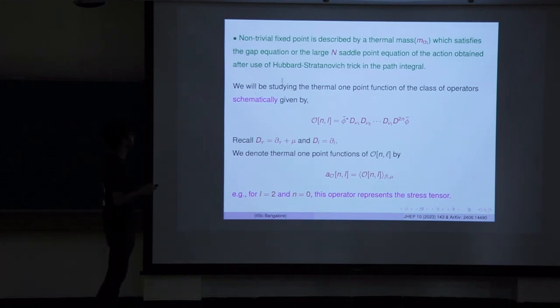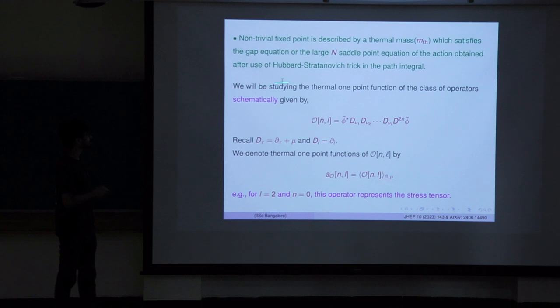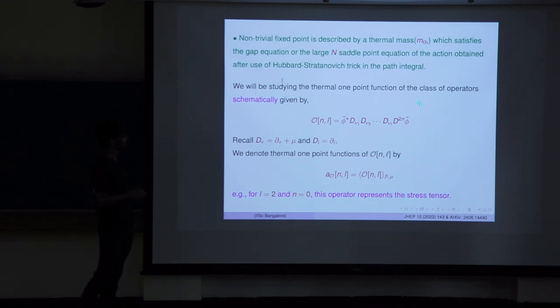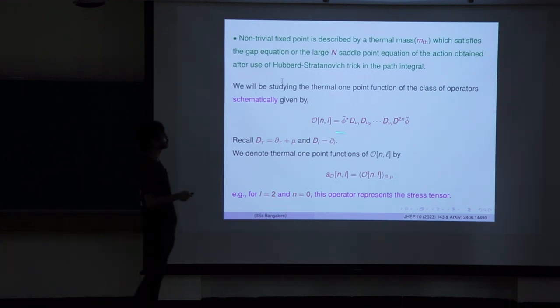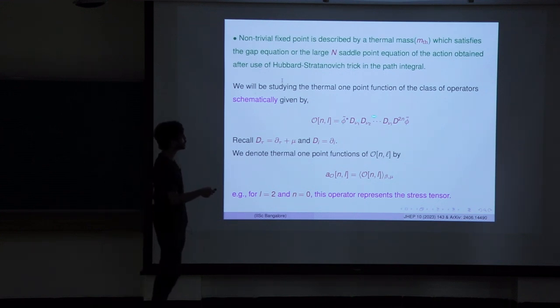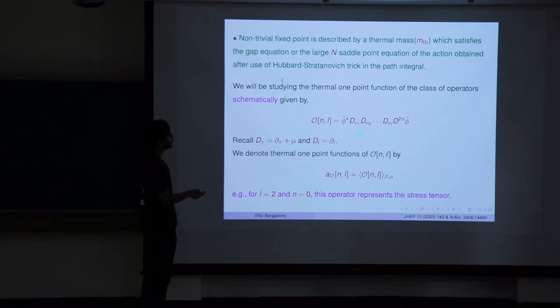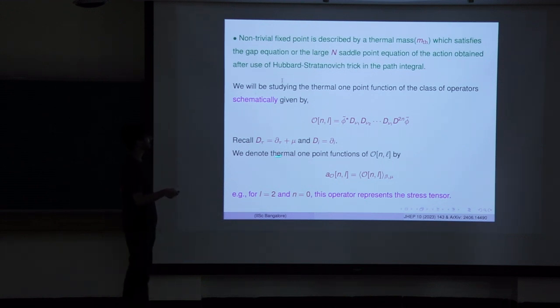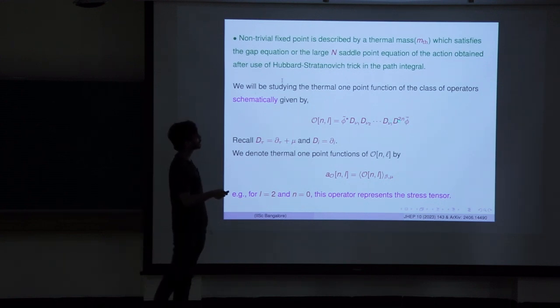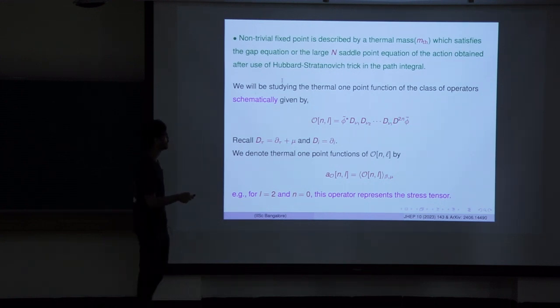Okay, so the obvious question is: what are the operators whose thermal one-point functions we are going to study? These are the schematic forms of those operators, the higher spin currents. You put these fields here and you sandwich L covariant derivatives inside. You can recall that these are the capital D's, and you have n second covariant derivatives inside.